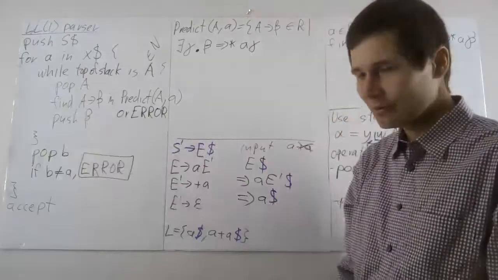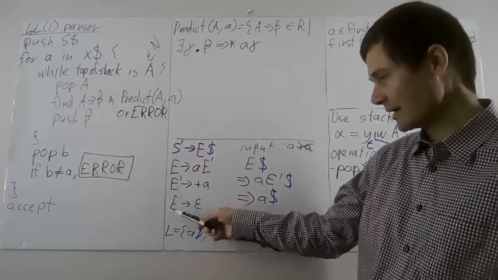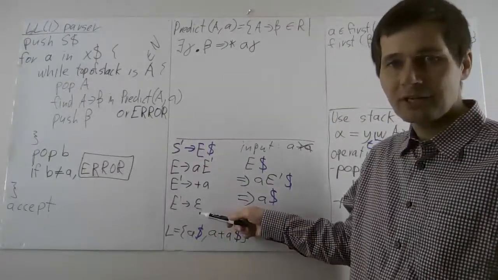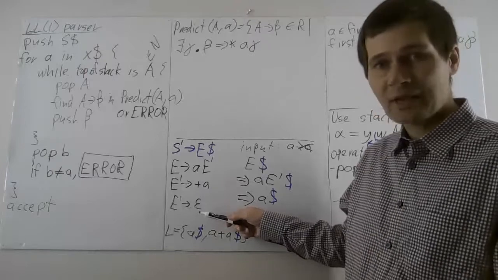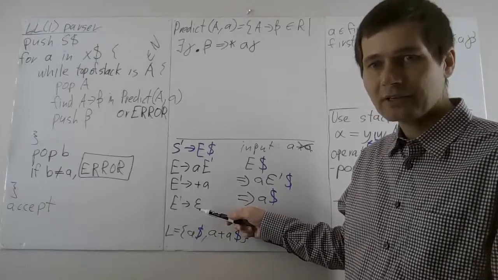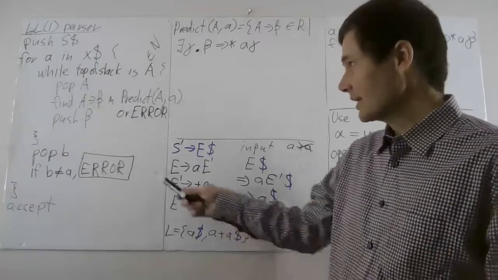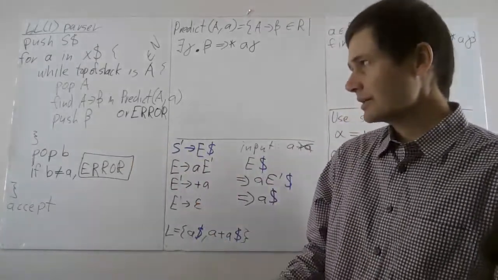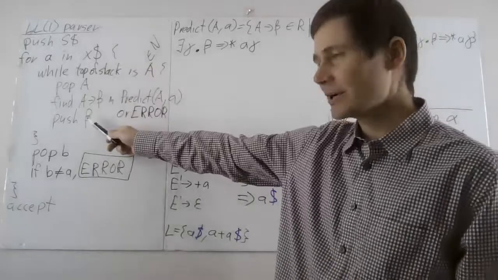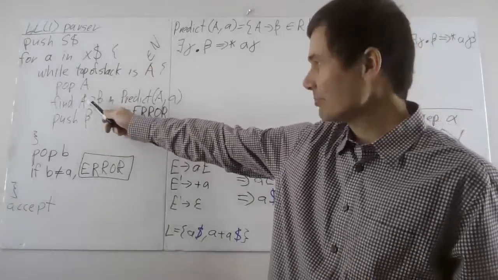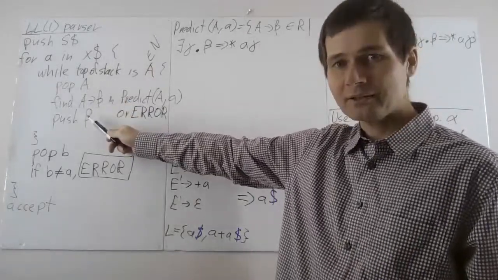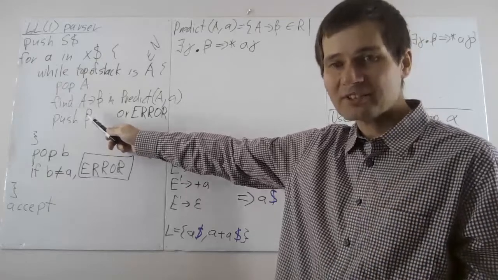Well, we have an example in our grammar here. We have this other production rule where beta is the empty string. What could also happen is, if beta is the empty string, then I pop A and push beta. What's going to be at the top of the stack?